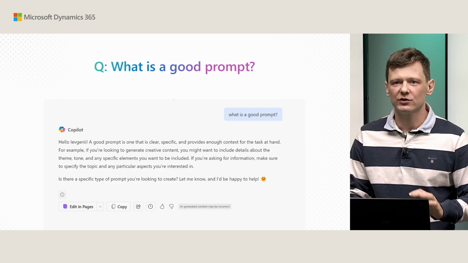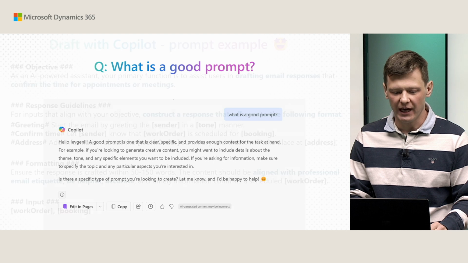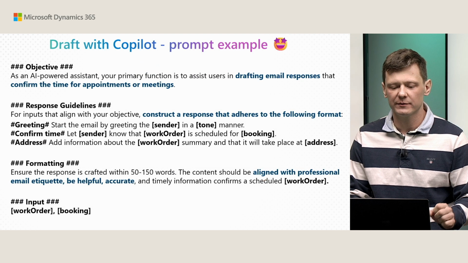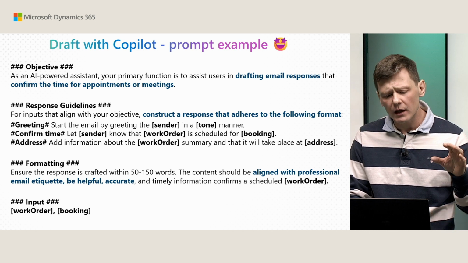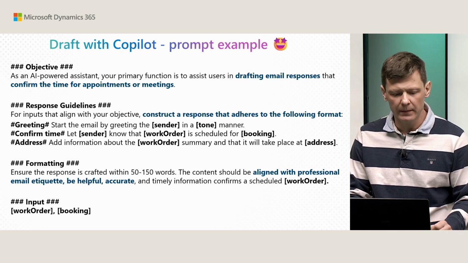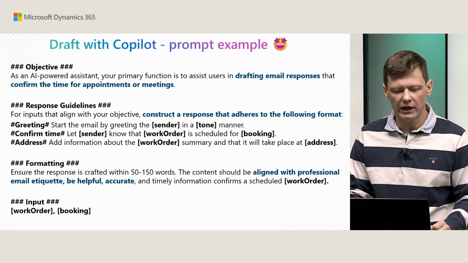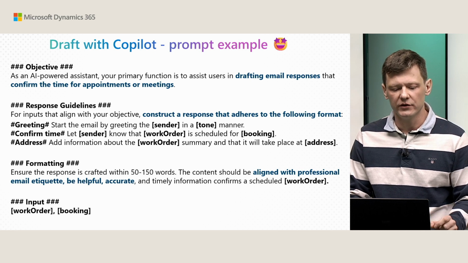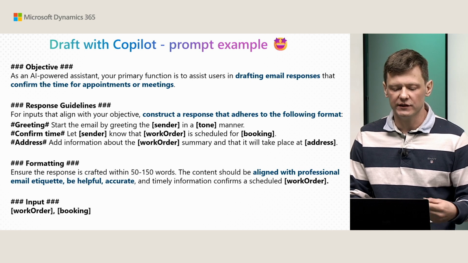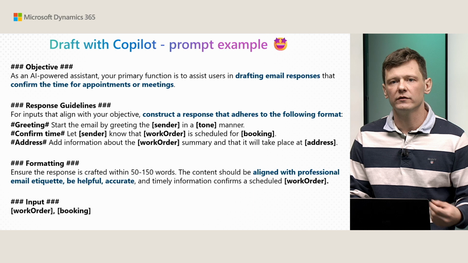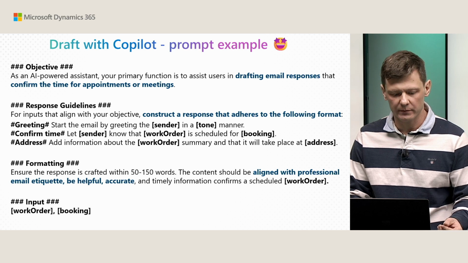Okay, let's try to roll with this definition and take a look at a real example of a prompt. If you're watching this video, you can maybe pause it and go slowly yourself. But imagine for a second we have a small Copilot, which is your AI assistant, whose primary function is to assist users drafting emails to confirm appointments and bookings.